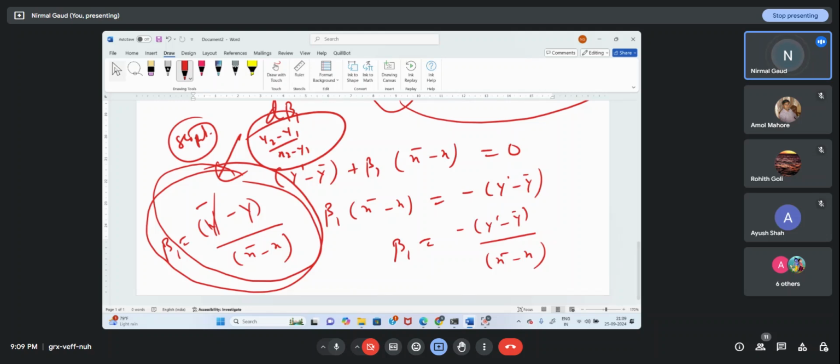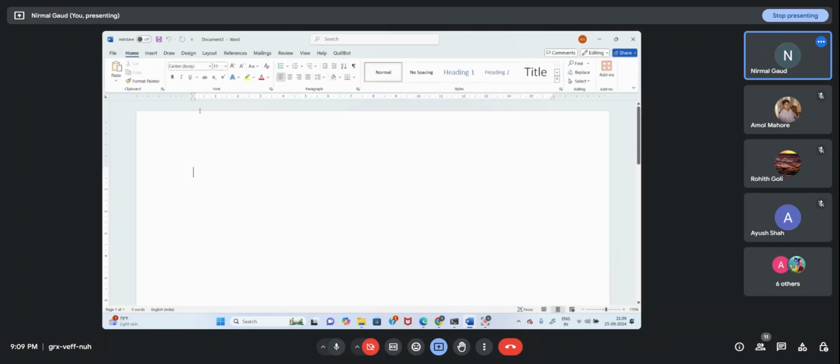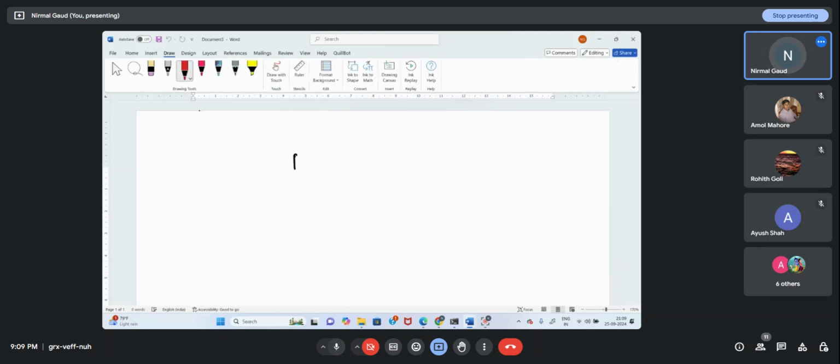Okay, so let me rewrite it. I got beta 1 is equal to y bar minus y upon x bar minus x. This is my beta 1.